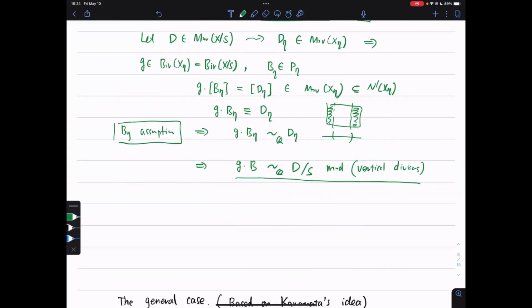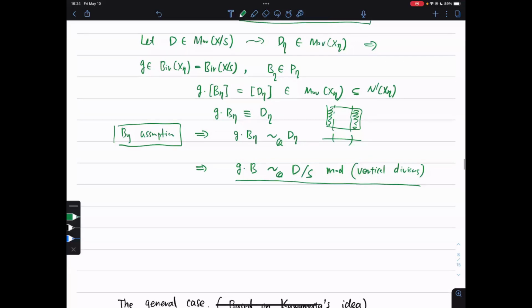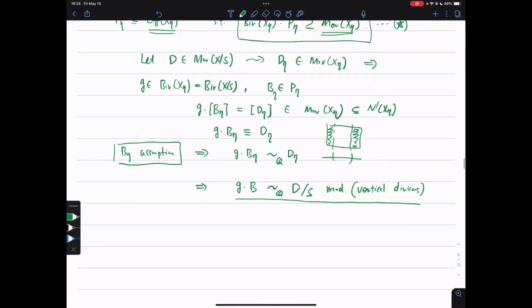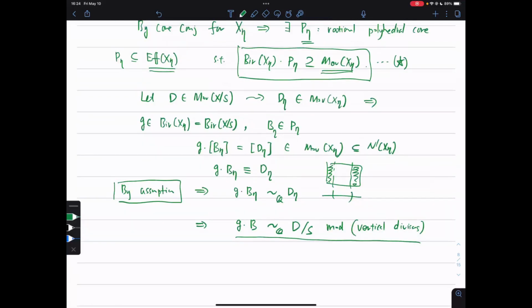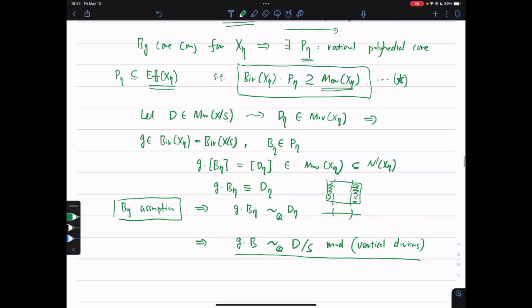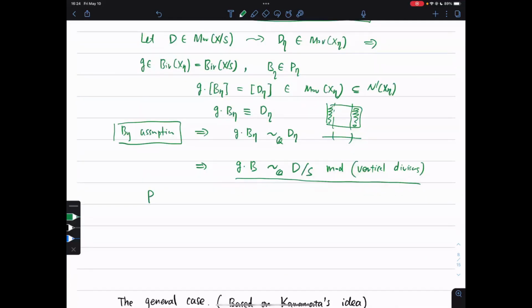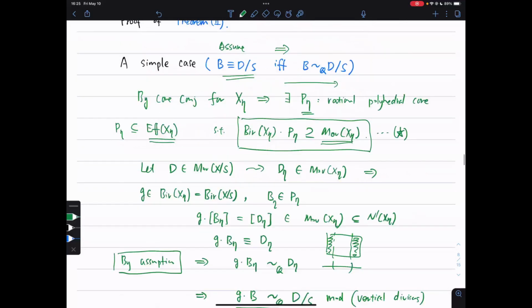Now we consider a cone. Previously we have this rational polyhedron cone. You can think of this rational polyhedron cone as coming from a cone inside of this N1, or maybe I just write EFXS, and you take the corresponding generic point, you get this rational polyhedron cone.